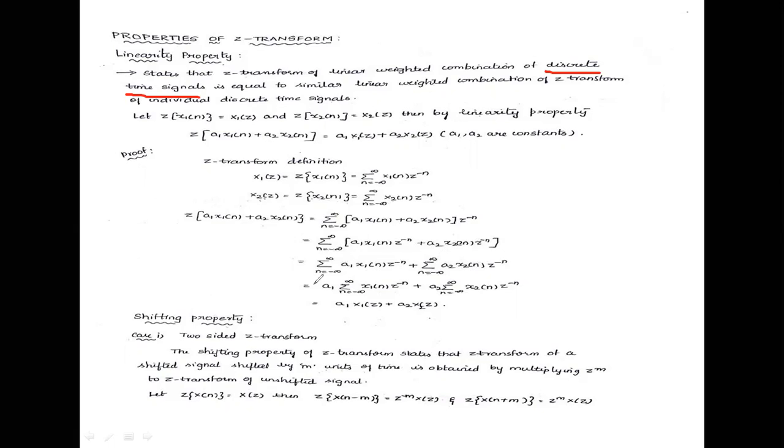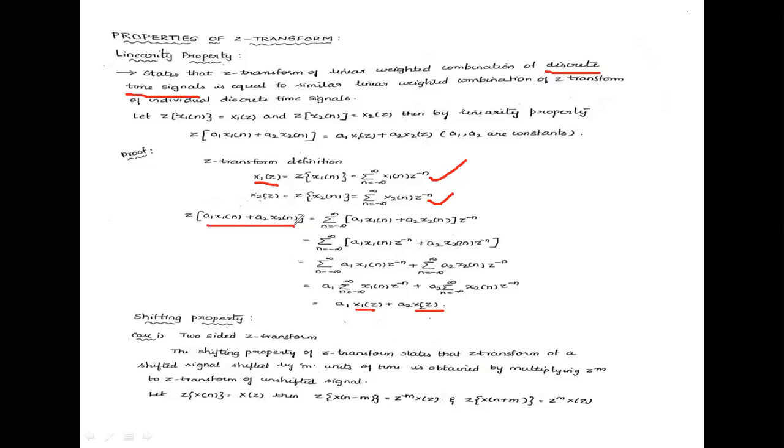Check the a1 outside. The sum of x1 of n Z power minus n is X1 of Z; substitute here. The other one, the sum of x2 of n Z power minus n, is X2 of Z.